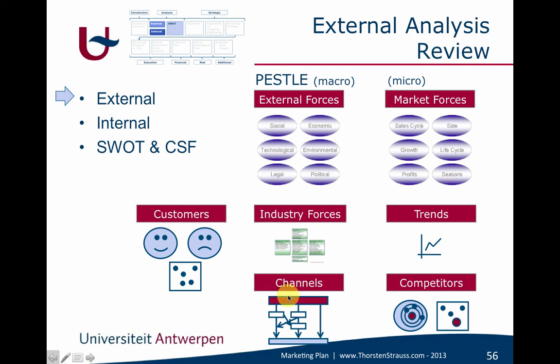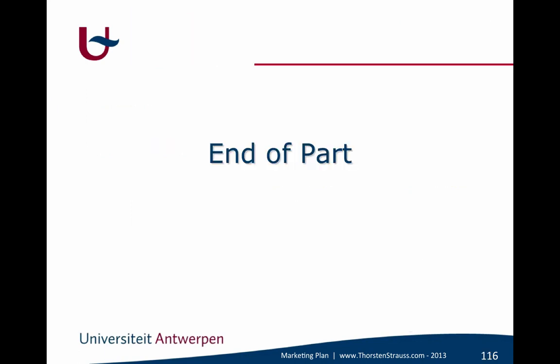We talked about channel and distribution, and we talked about competitors, how to visually and also internally talk about which competitors you are in. Before that you need to define your business, and then I showed you some ways of representation and how to include it in a marketing plan, how to talk about competitors, and I already gave you some hints on how to analyze these things. And that is the end of the part.